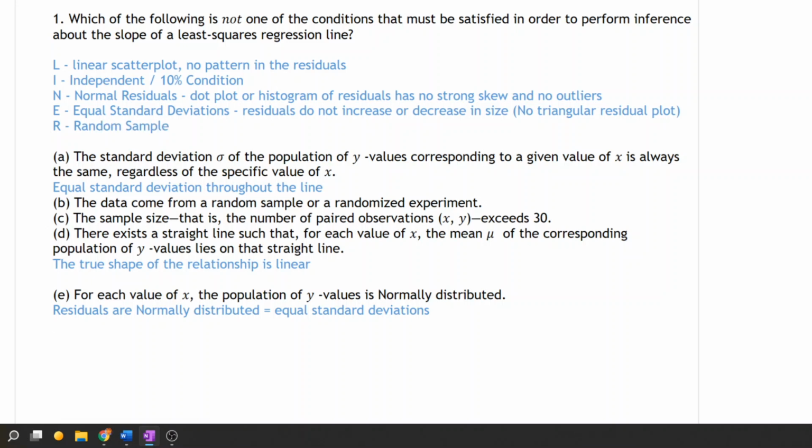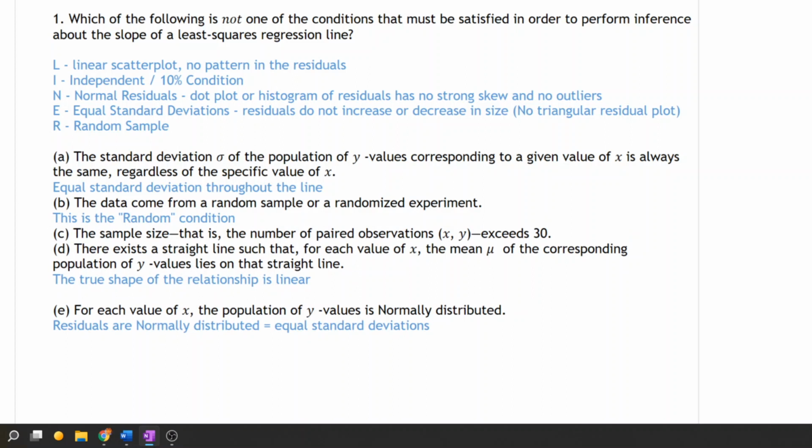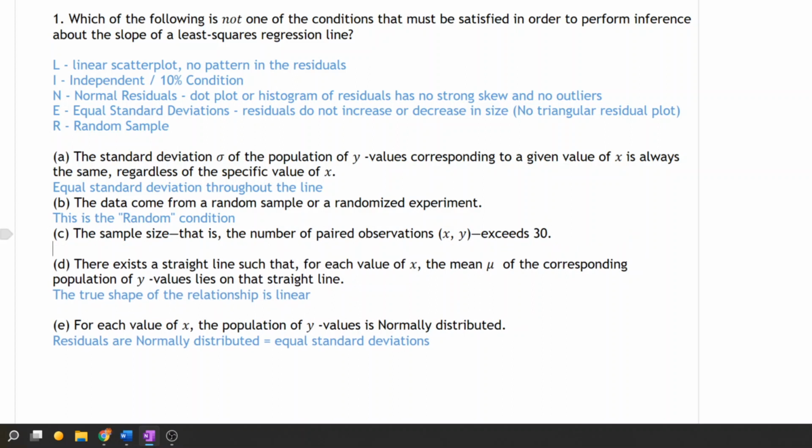The R condition, like always, is random sample, and we can see that letter B is about that random sample or random experiment. So the only one here that doesn't actually fit is letter C, and you probably didn't even need to go through all of the other four in order to arrive at C as the correct answer here, which would be an incorrect condition, because there is no such thing as a central limit theorem here.